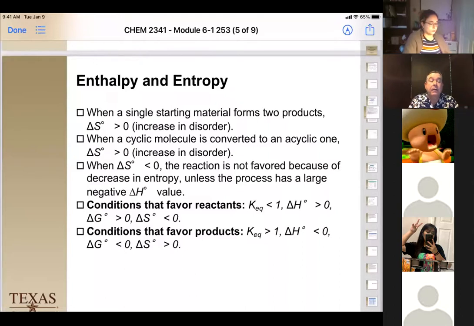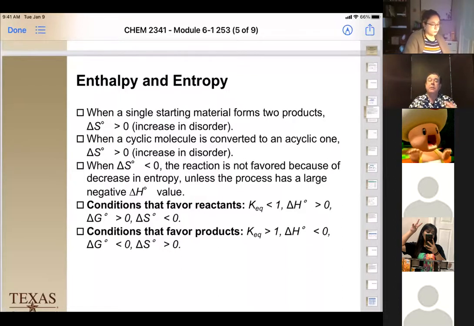When the Gibbs free energy is greater than 0 or positive, you have to put energy into the system to get to the products, and it's not favored. And when entropy is less than 0, then you are going from 5 things to 1 thing. It's also not favored.